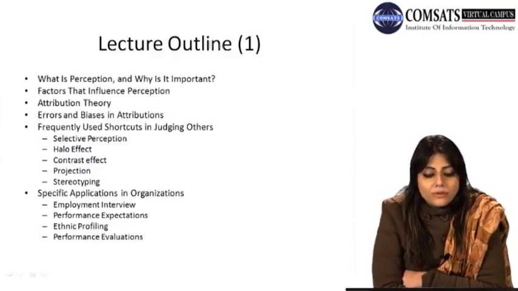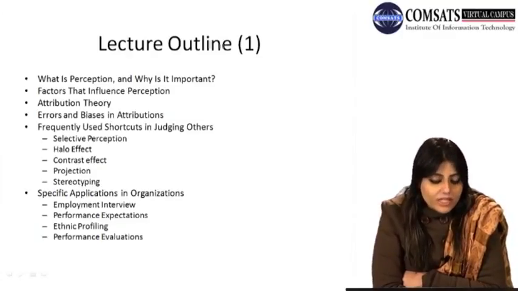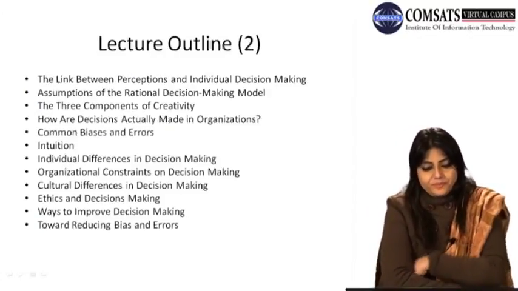Then we'll be discussing the frequently used shortcuts in judging others, such as selective perception, halo effect, contrast effect, projection, and stereotyping. Then we will be seeing the specific applications in organizations of these different shortcuts in judging others, such as the employment interview, performance expectations, ethnic profiling, and performance evaluations.